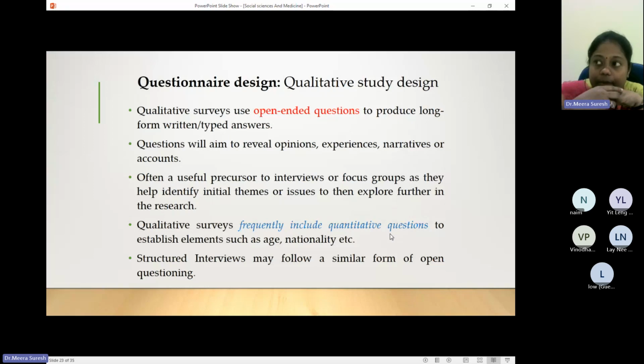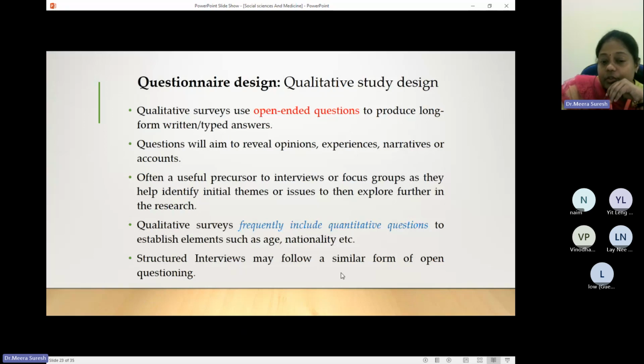Some questions like that will be there, but nothing that we are going to do a statistical analysis on. We can just say this group of people, a particular age group, had an opinion like that. We can only go like that. Similarly, structured interviews may follow a similar form of open questioning. The structured interviews means the other one, the quantitative one.